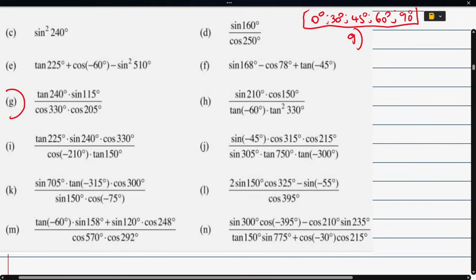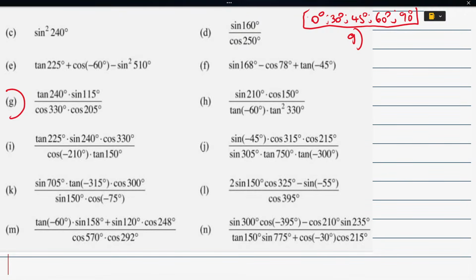So, in this question, how do you deal with this thing? Let's start with the first one. Remember, you should use 180 degrees minus special angle, 180 degrees plus special angle, or 360 degrees minus special angle.